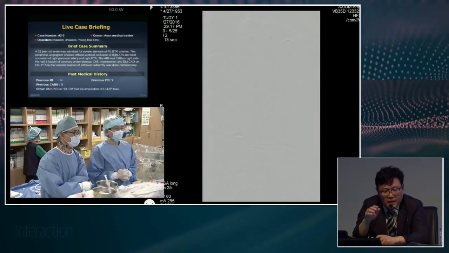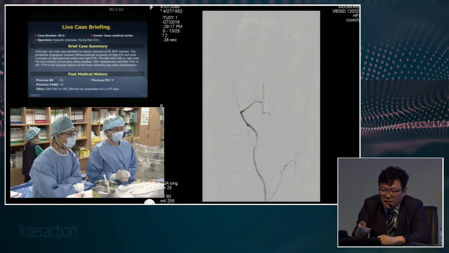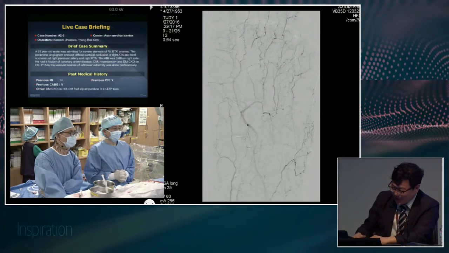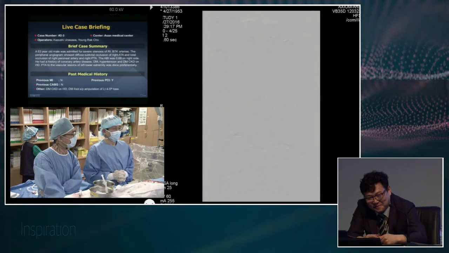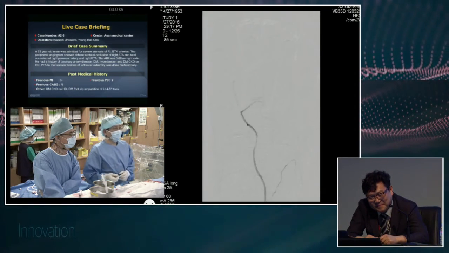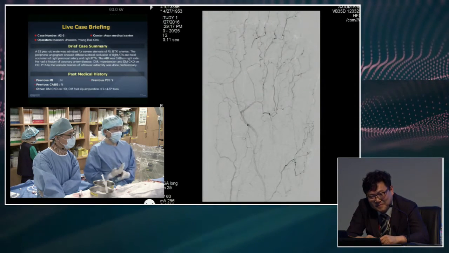If the patient presents no symptom with the same angiography, in that case, will you do something? No. The clear indication of BK artery intervention is Rutherford 5 and 6 patients.